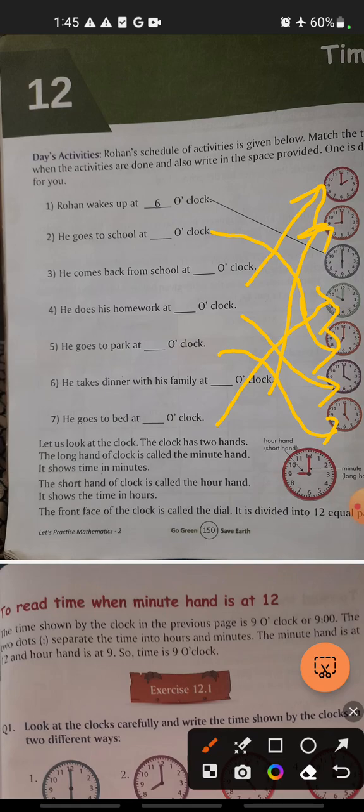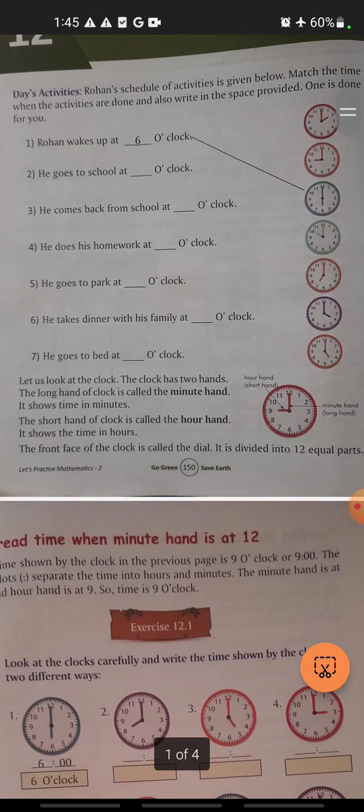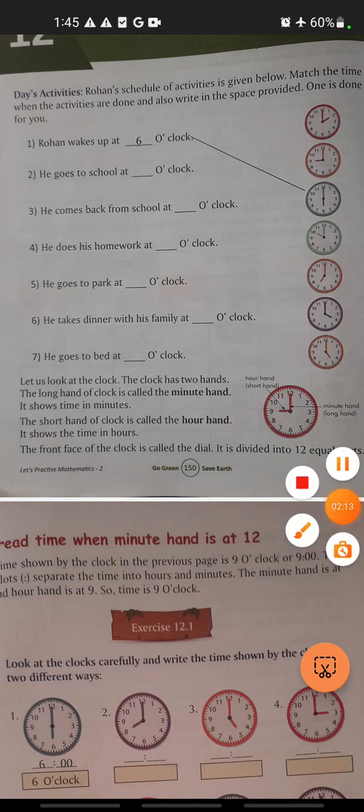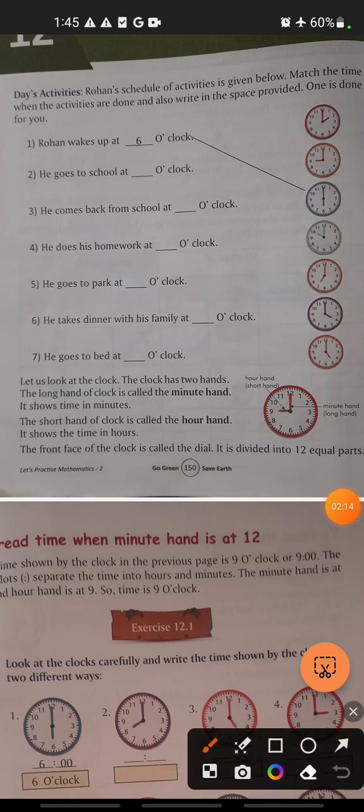Next is, look at this clock. The clock has two hands. First hand is the long hand, and the long hand is called the minute hand. It shows time in minutes.